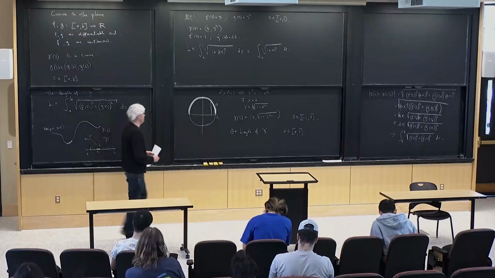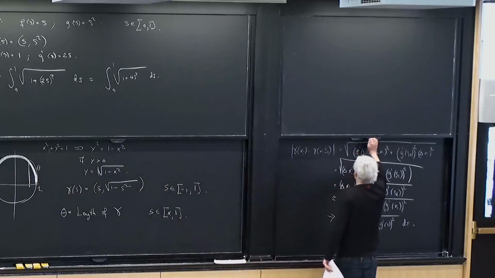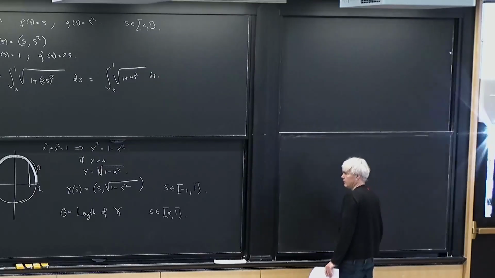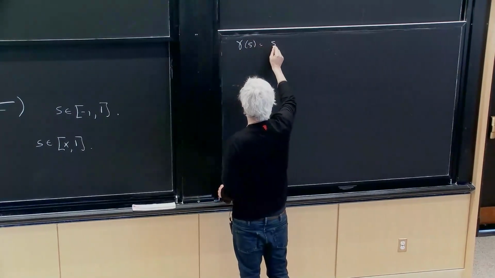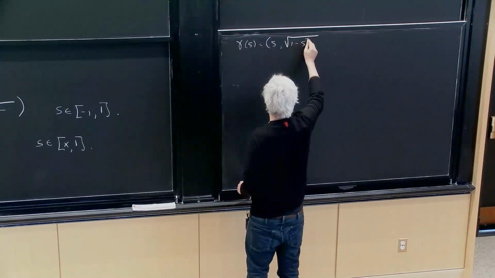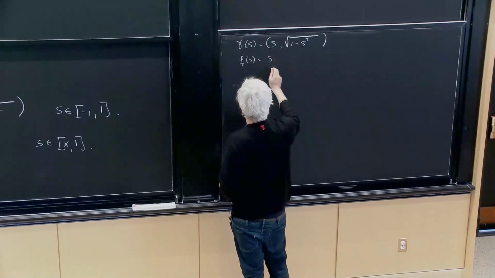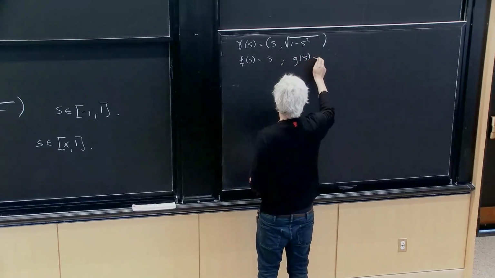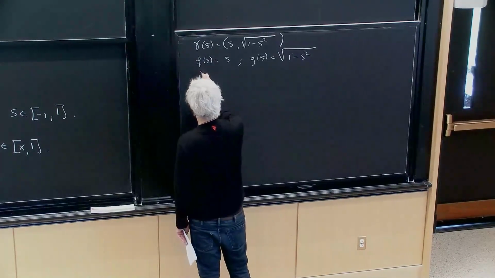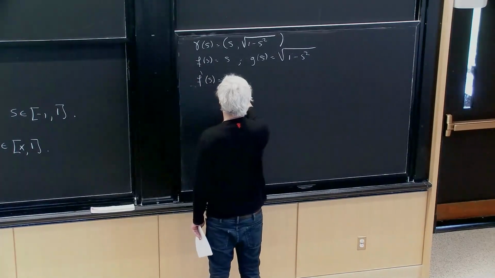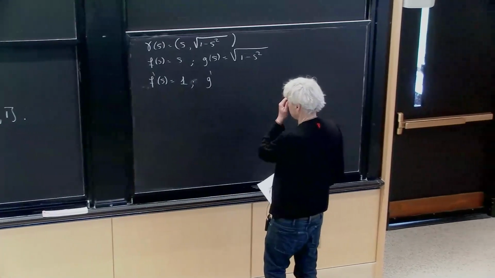And so now let's try to calculate this length, or at least write it up as an integral. So gamma of s is equal to s, square root of 1 minus s squared. If we define f of s equal to s and g of s equal to the square root of 1 minus s squared, then f prime is equal to 1, and for g prime we use the chain rule.